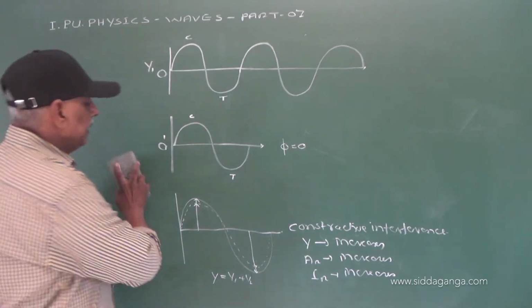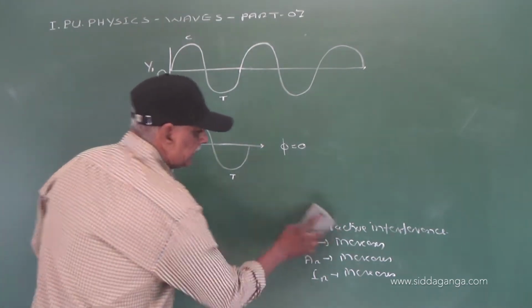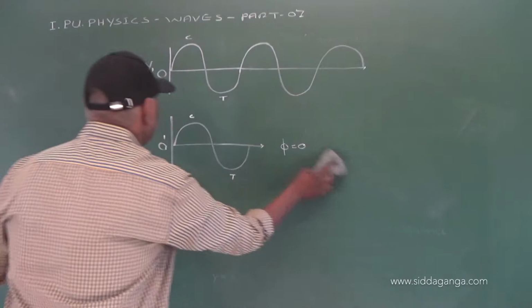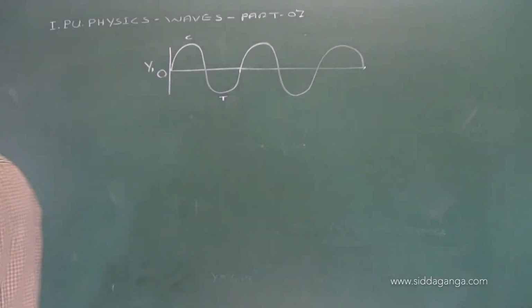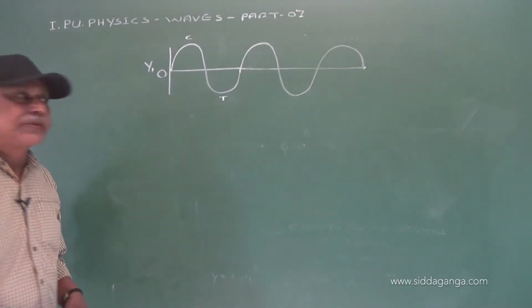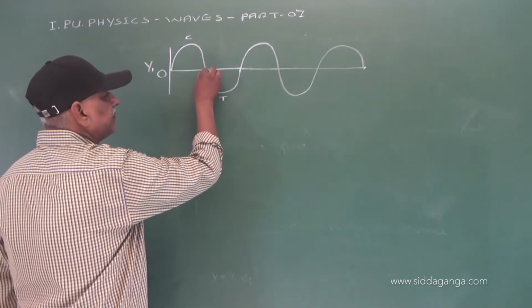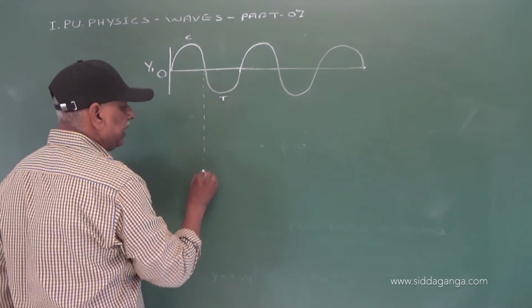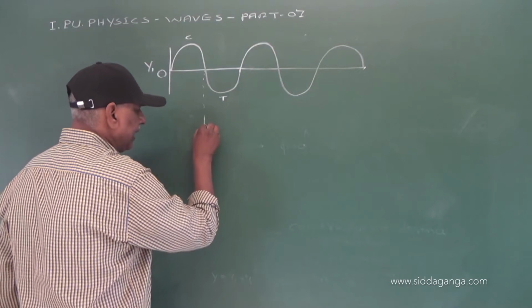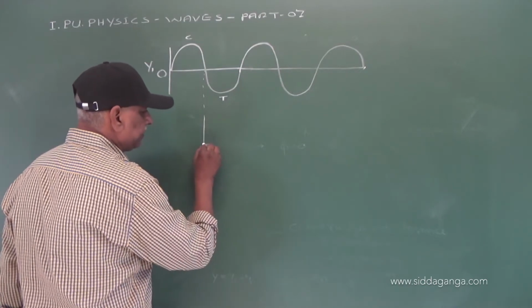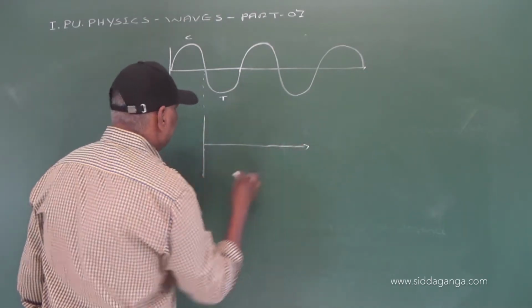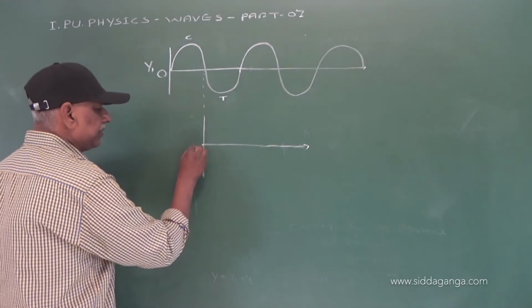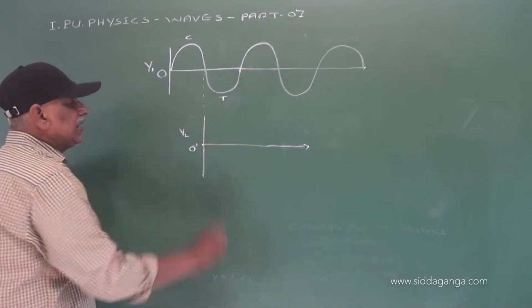Now again, suppose the wave arrives like this, this is O dash, this is y2.